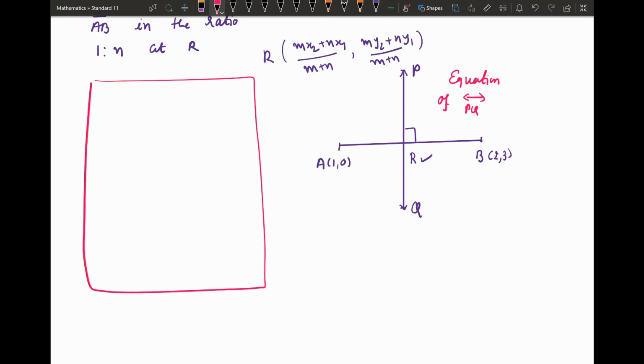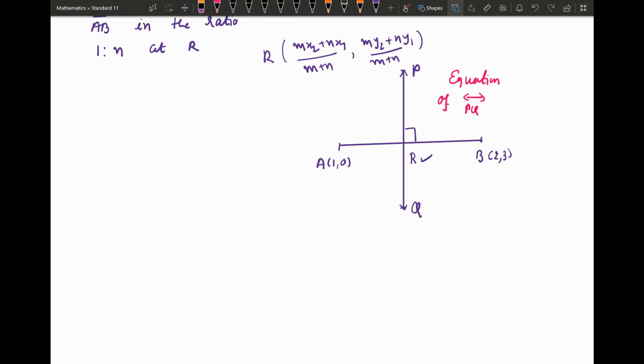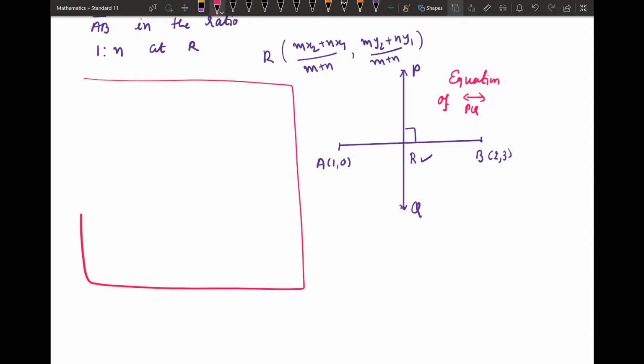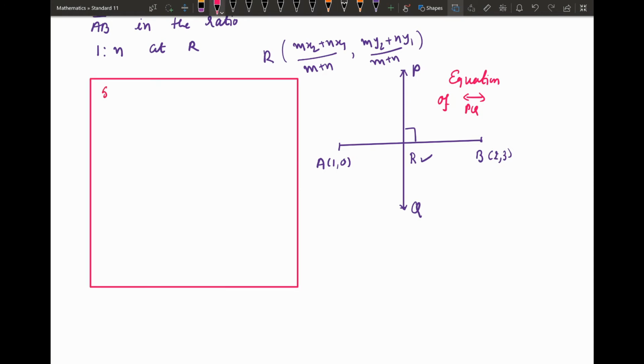In this step we will solve the problems. Step 1, find slope of line segment AB. Step 2, PQ is perpendicular to AB.